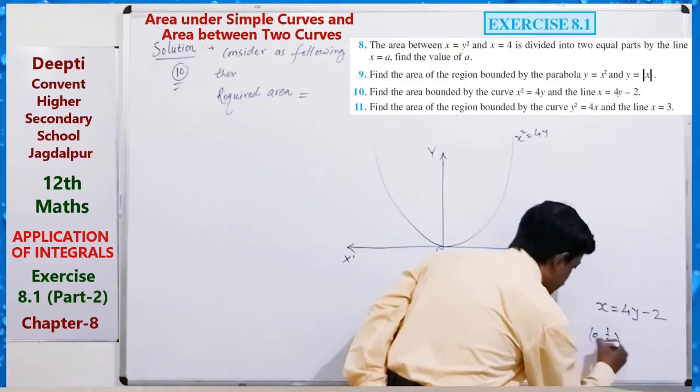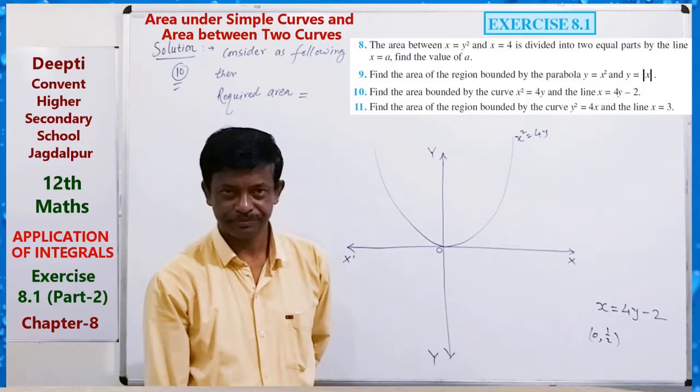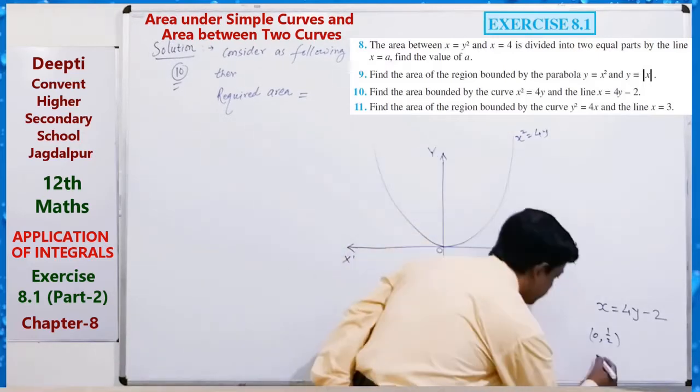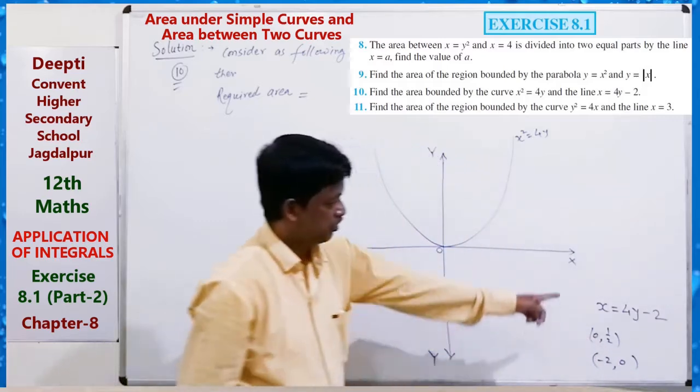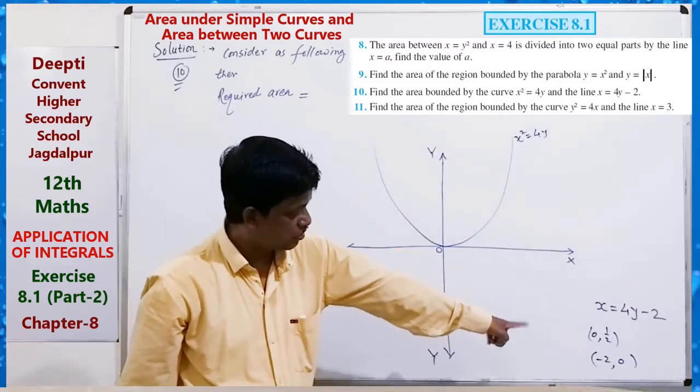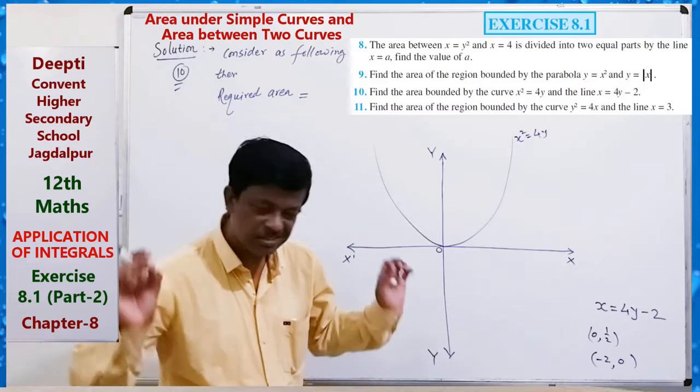So, this is a point 0, 1 by 2 and another point when y equals to 0 then x equals to minus 2. These 2 points are on the straight line.